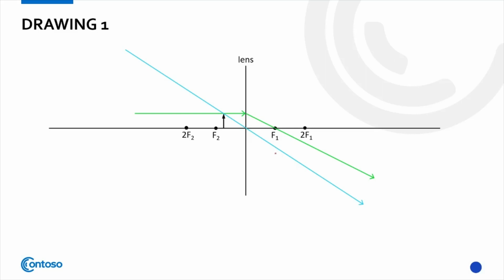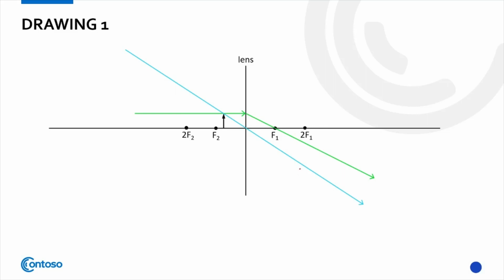The tip of the image is supposed to be at the intersection of the refracted rays. On this drawing, the refracted rays will not intersect on the right side of the lens. You can see here that they are getting farther from each other.